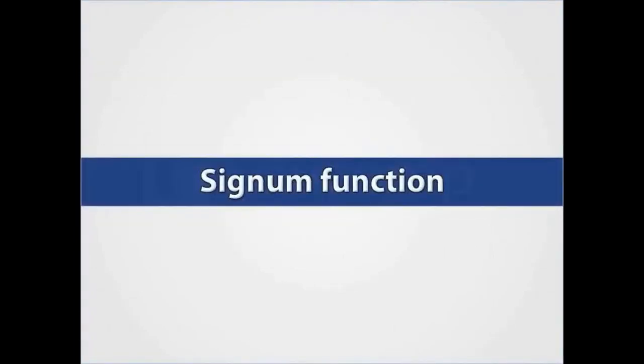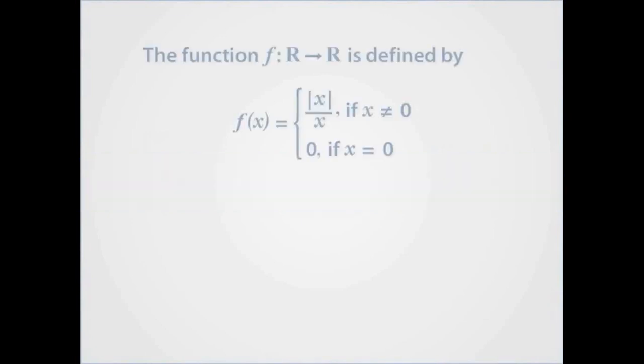Now let's learn about a signum function. Look at a function from a set of real numbers to a set of real numbers defined by f(x) equals |x|/x if x is not equal to 0, and f(x) equals 0 if x equals 0.